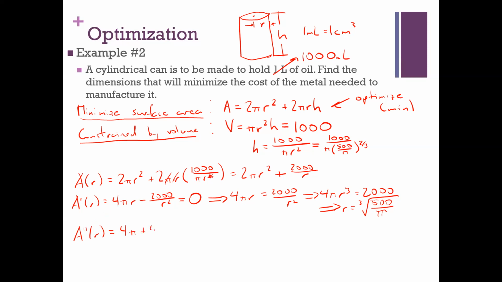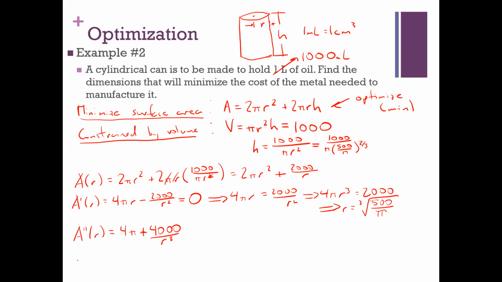So it'll be 4 pi plus 4,000 over r cubed, I believe. Yeah. One thing we talked about briefly a little while ago is that if you have a critical point, the second derivative can tell you what kind of critical point it is.